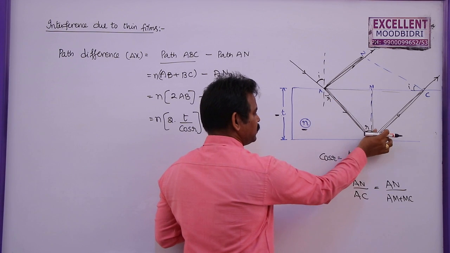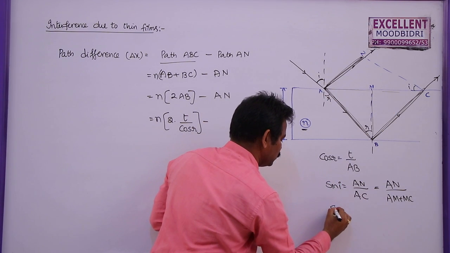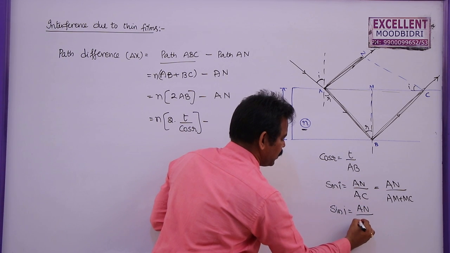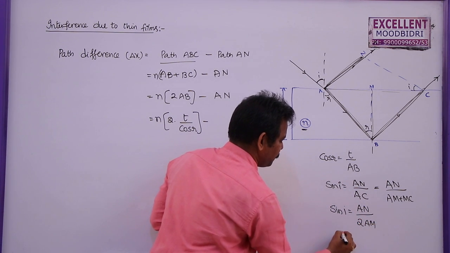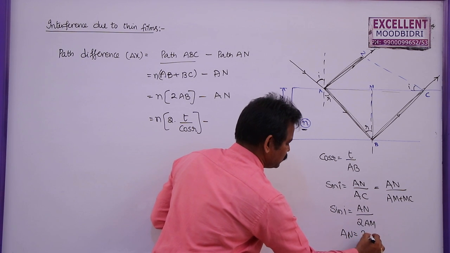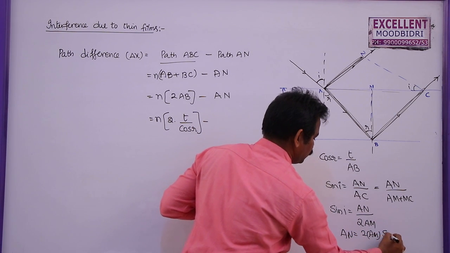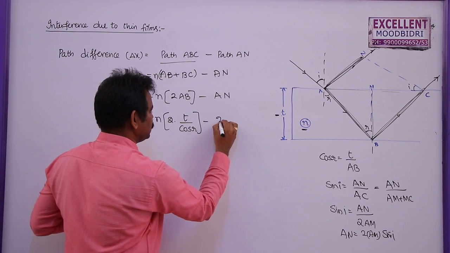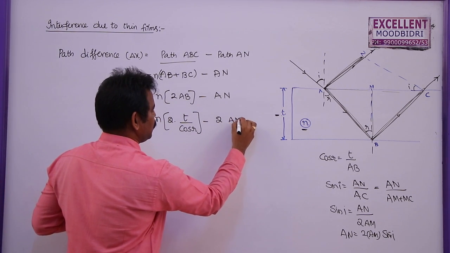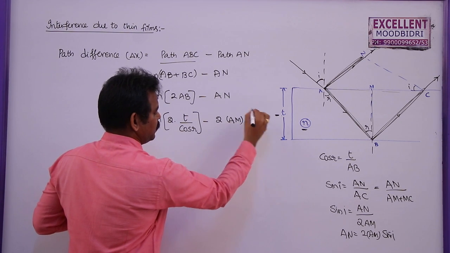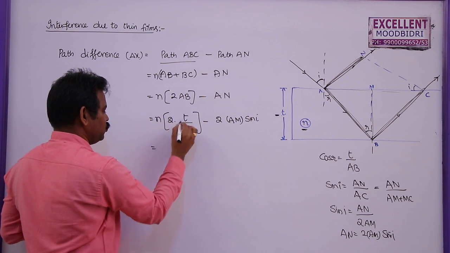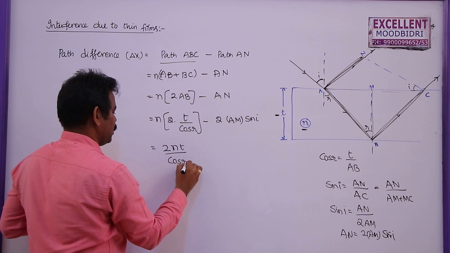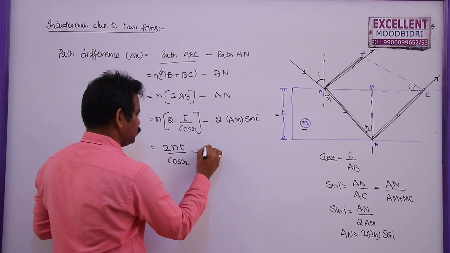As these angles are equal, these sides must be equal. So we can write sin I is equal to AN by 2AM. So AN can be written as 2AM into sin I here. So now in place of AM I am going to write this as 2AM into sin I here. So this is 2nT by cos R minus 2.